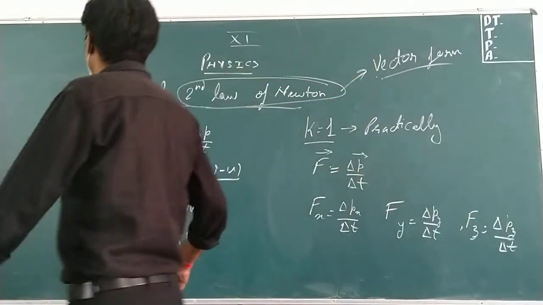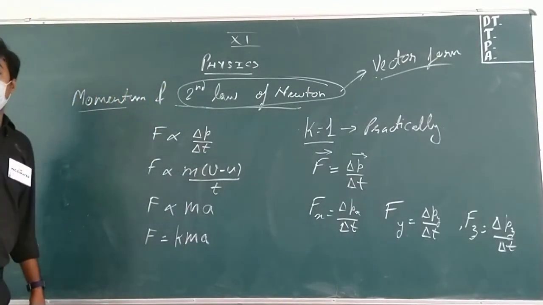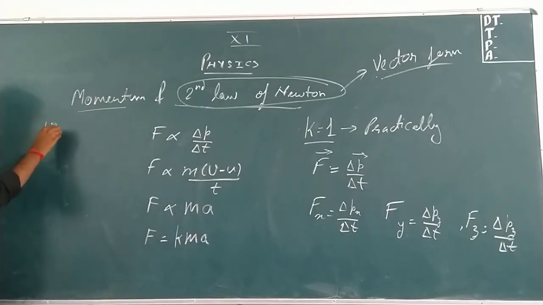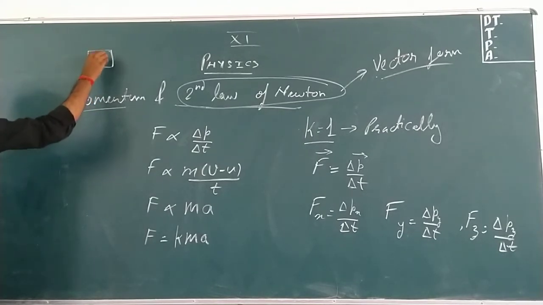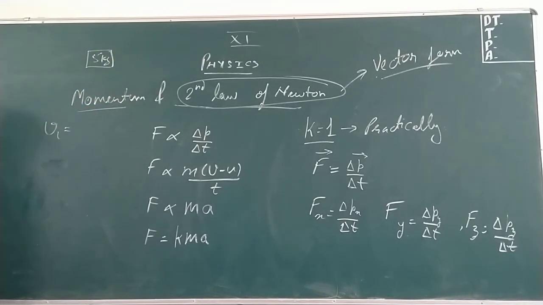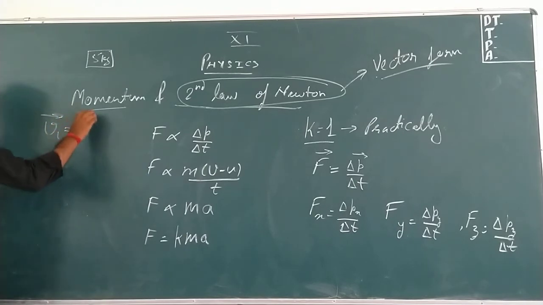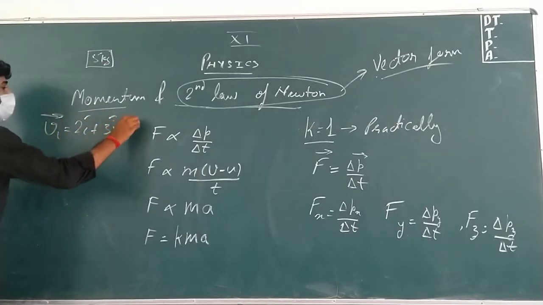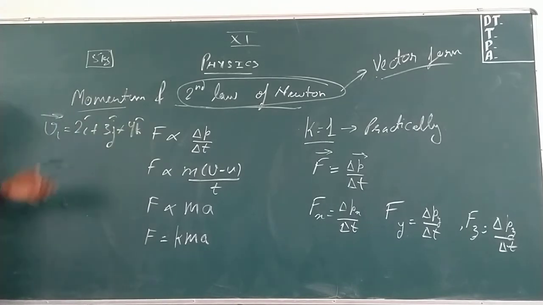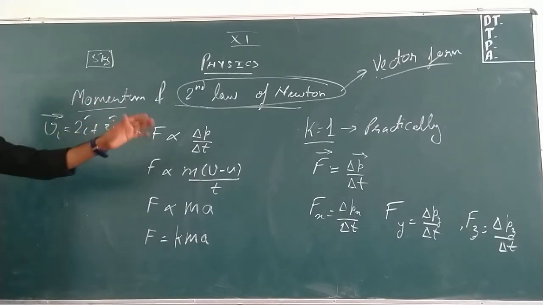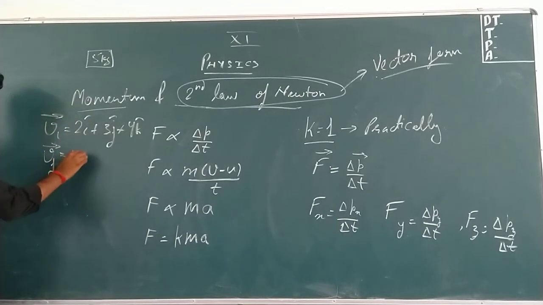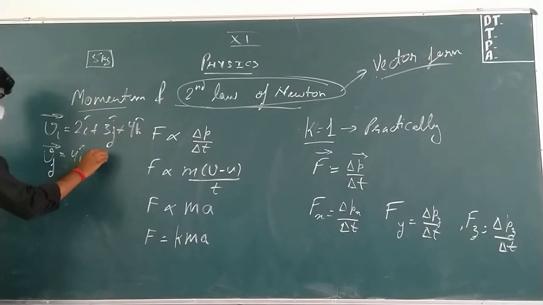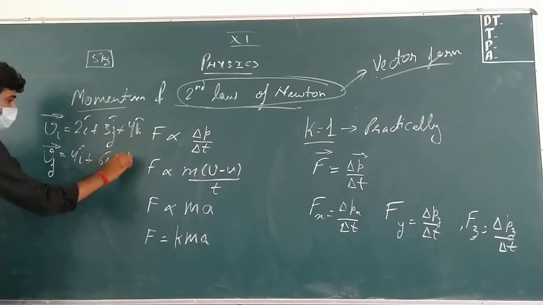What does this mean? Let's take an example, listen very carefully, everyone. There is a mass of 5 kg. The initial velocity in vector form, let it be 2i cap plus 3j cap plus 4k cap. The final velocity, let it be 4i cap plus 6j cap plus 8k cap.